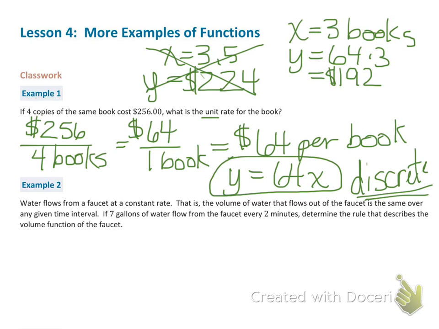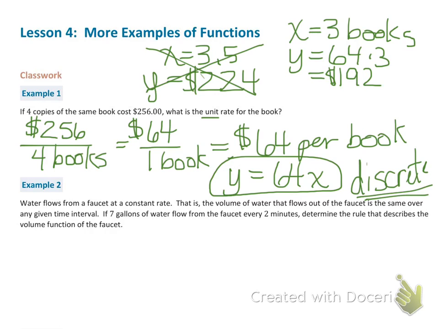Okay, so let's look at example 2. Here's also an example from the last lesson. Water flows from a faucet at a constant rate. That is, the volume of water that flows out of the faucet is the same over any given time interval. So 7 gallons flow in 2 minutes. Determine the rule that describes the volume function of the faucet.